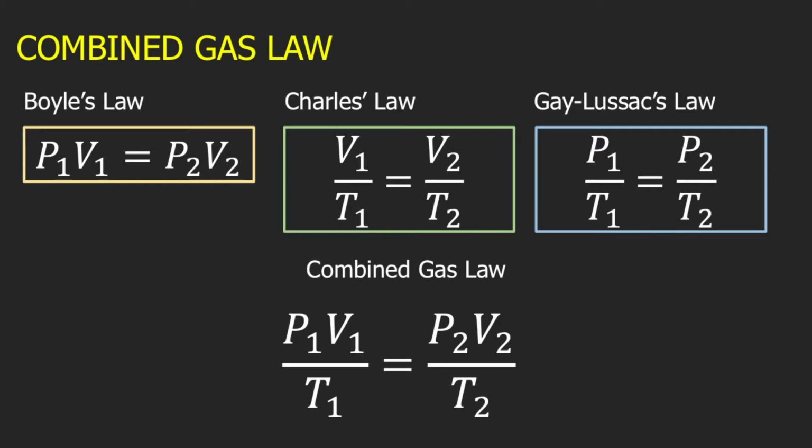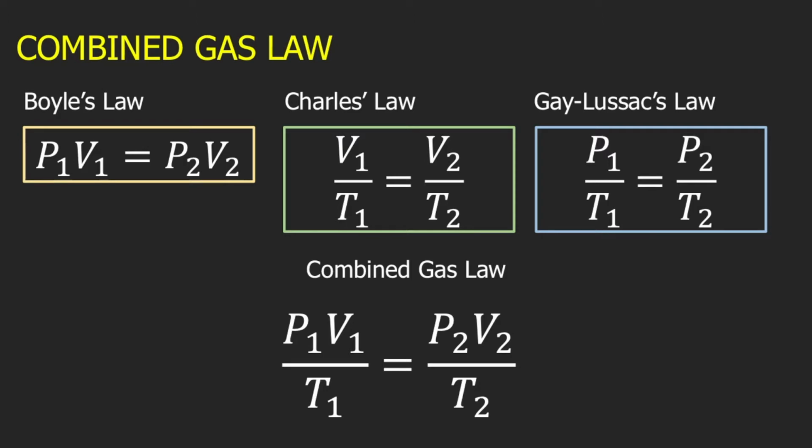And we have Gay-Lussac's law, P1 over T1 is equal to P2 over T2. When you combine these three gas laws, you form the combined gas law. And the formula is P1V1 over T1 is equal to P2V2 over T2.